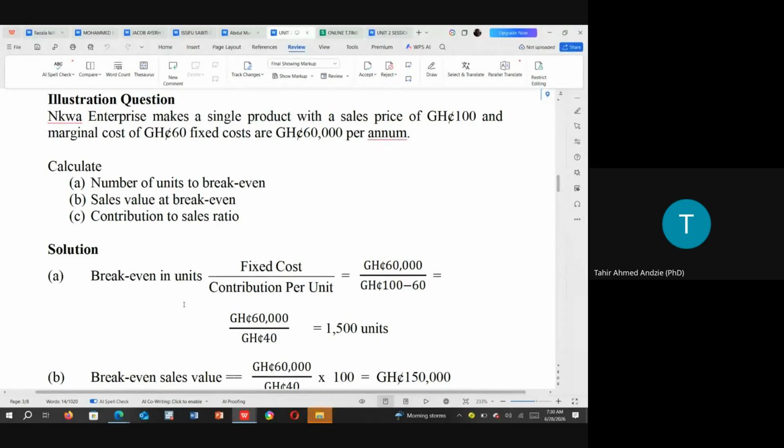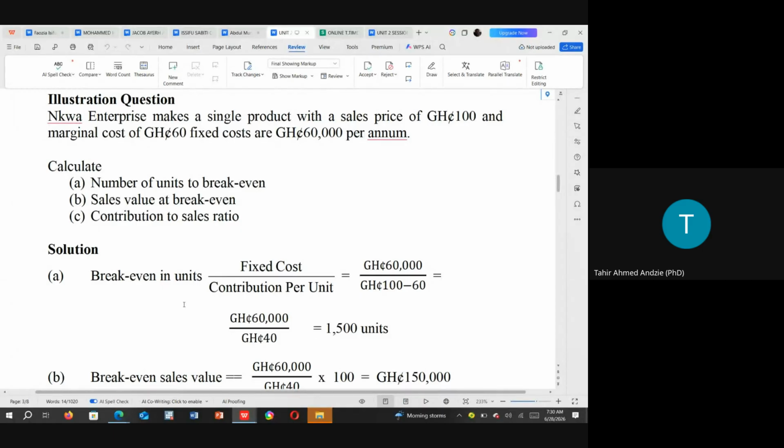All that you need to do, because we have already derived the formula for the break-even point in units, is this. The formula for the break-even point in units is fixed cost over contribution per unit, where contribution per unit is equal to selling price minus variable cost. So first calculate your contribution per unit, then quote the formula and put in the values.